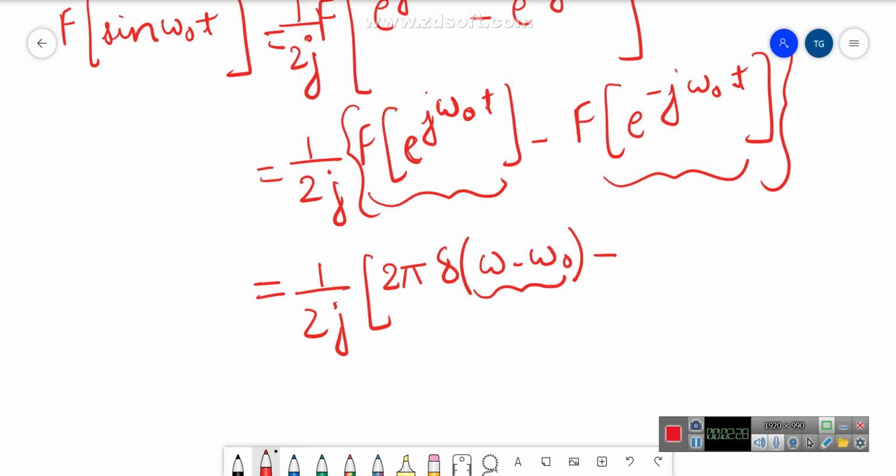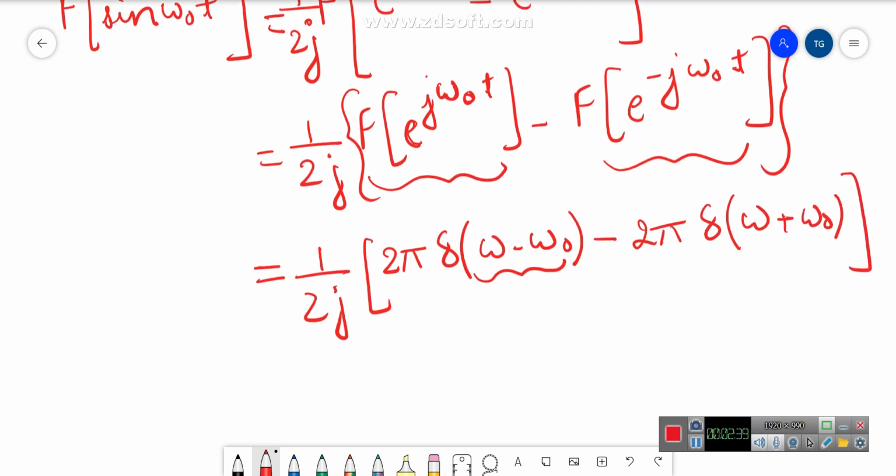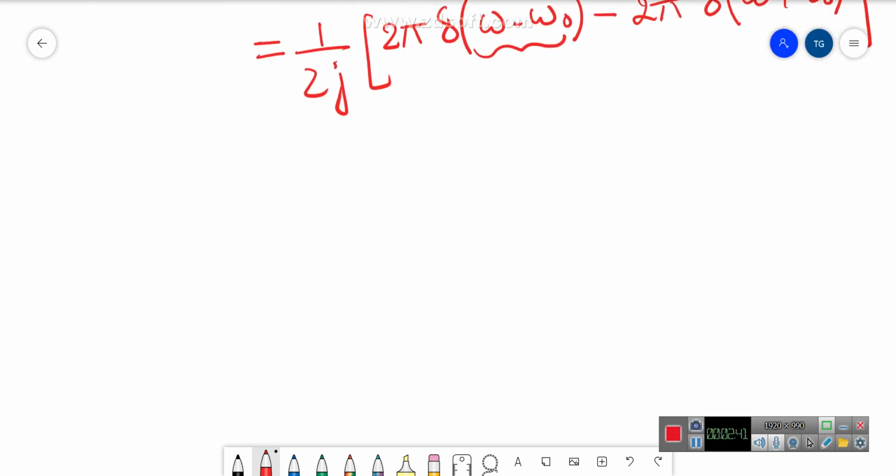Similarly it is 2 pi impulse function of omega plus omega naught. So it is having an impulse nature at minus omega naught. So the 2s will get cancelled.